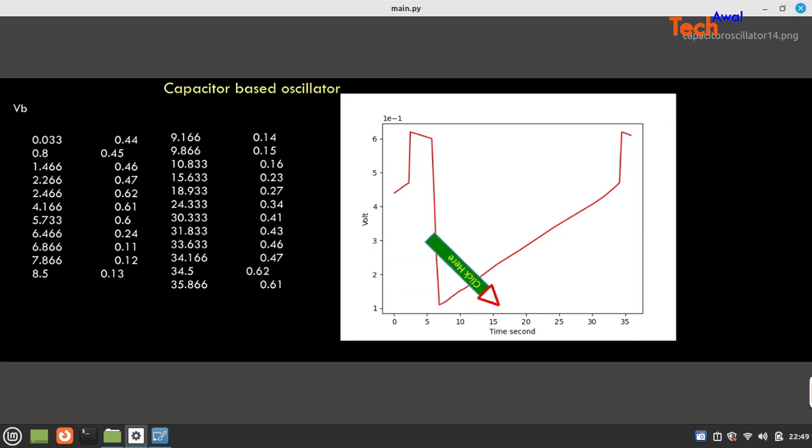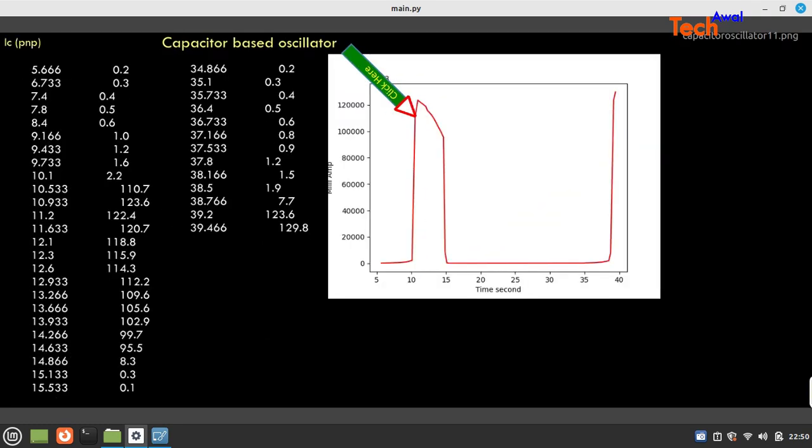Now the capacitor is charging, so VB is again growing, and when the capacitor is charged to 4.44, again it picks up immediately. This is not a capacitor phenomenon, this is a transistor phenomenon. If the transistor base comes to a level, it picks up. So in this portion the capacitor is charging and the transistor is inactive, and in this portion the capacitor is discharging and the transistor circuit is active.